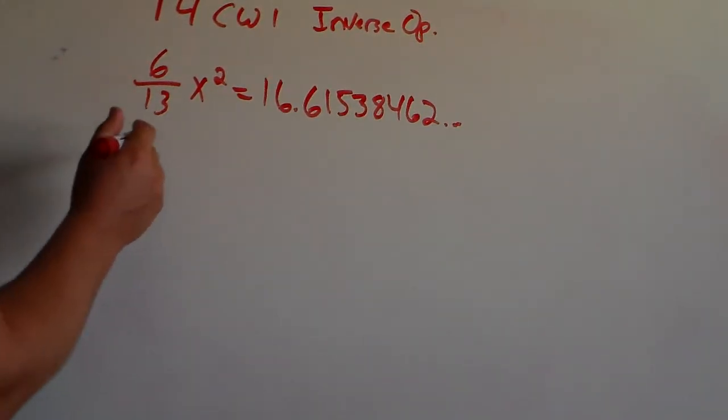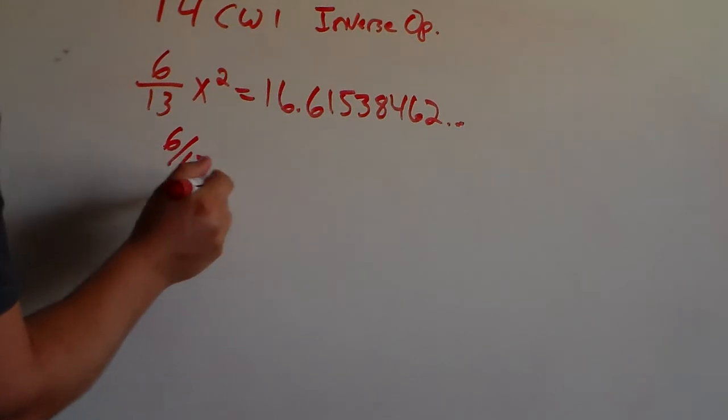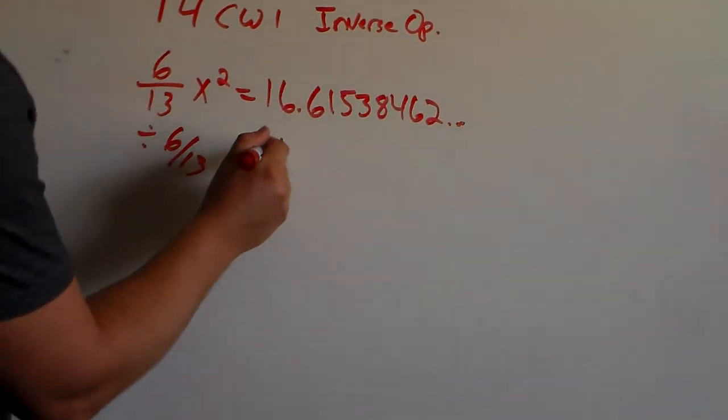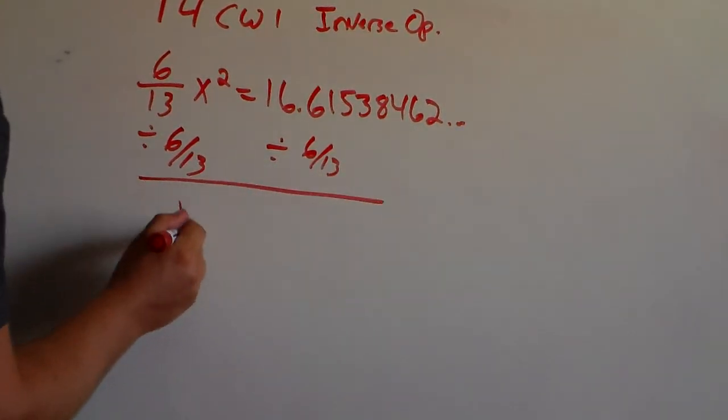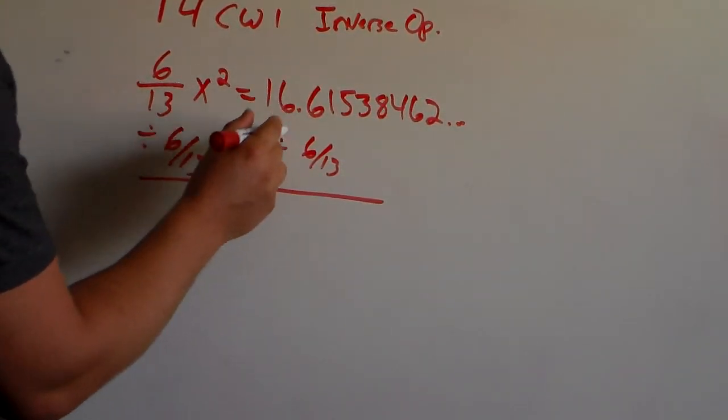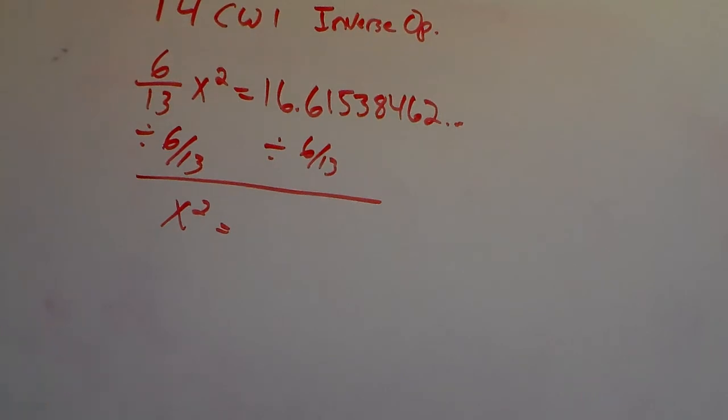We're going to divide by 6/13 on both sides. We're going to get x squared equals 16.6153842 divided by 6/13. This is going to get us approximately 36.